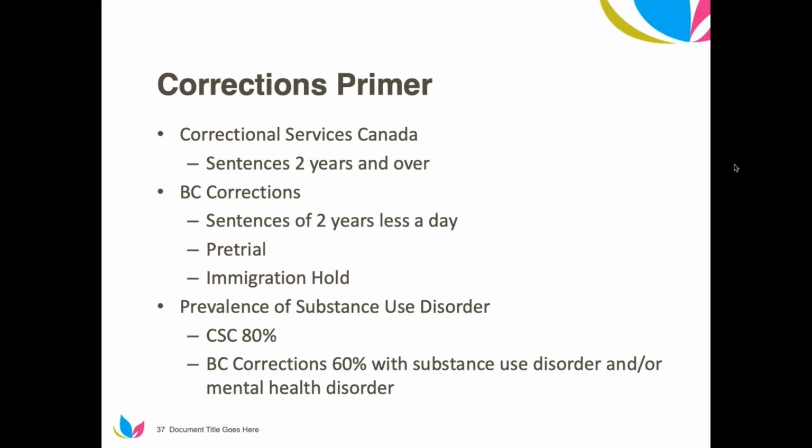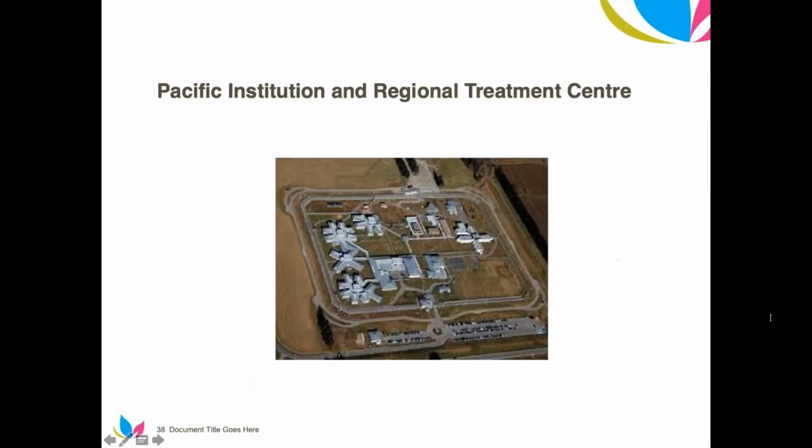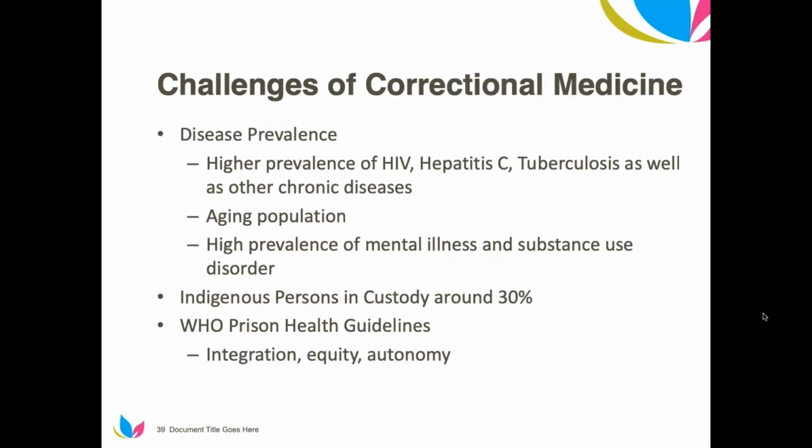But in actuality, I think it does mimic federal corrections, and we definitely have a very high prevalence of substance use disorder within the incarcerated population. So this slide you see is the institution where I work. It's called Pacific Institution and the Regional Treatment Center. It's in Abbotsford, and this is a facility that holds about 400 individuals.